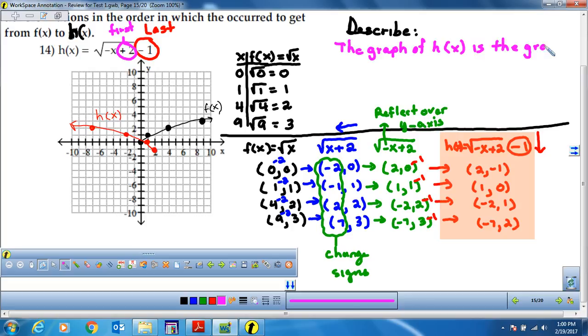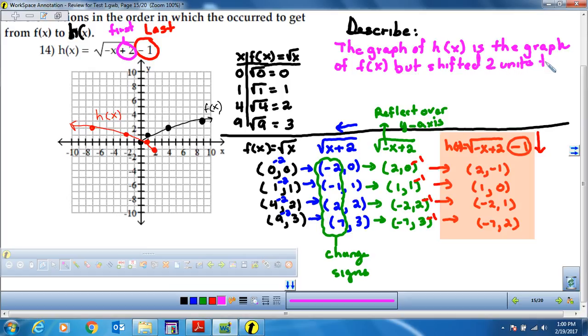the graph of f of x, but first thing that happened is that it was shifted 2 units to the left, comma.